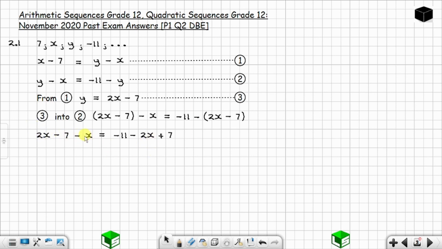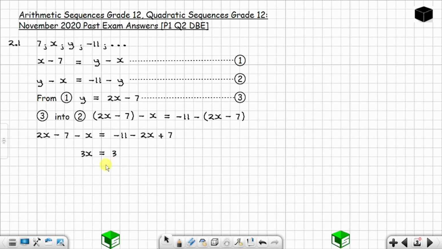So this gives you 1x plus 2x. You have 3x, is equal to, now on the right side, you have negative 11 plus 7. And we have negative 7 there. You bring it to the other side, it becomes plus 7. So you have 7 plus another 7, which is 14. 14 minus 11, which is 3. I hope you can see that.